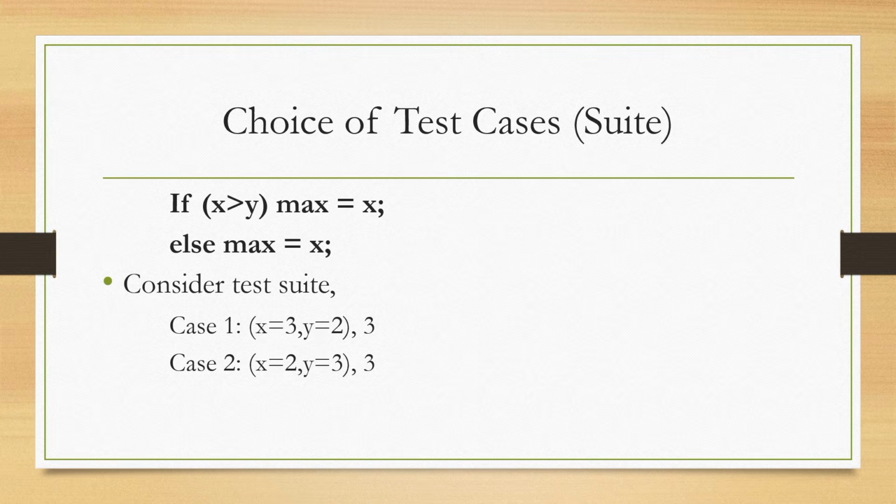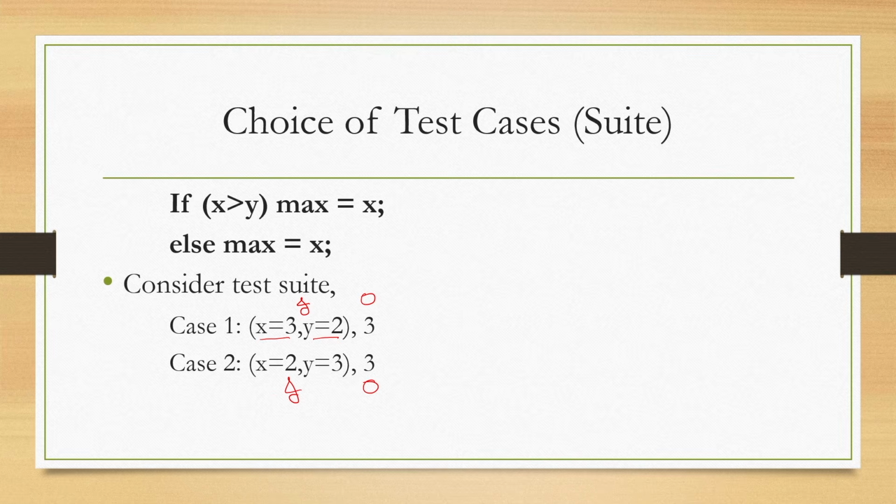Consider a test suite consisting of two test cases: x equal to 3, y equal to 2, that is the input, and output is 3. Similarly, in the second test case, x equal to 2, y equal to 3, and the output is 3. So, in the IO doublet form, in each test case we have the input and the output mentioned.